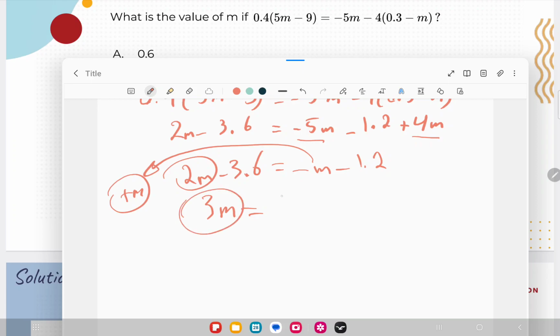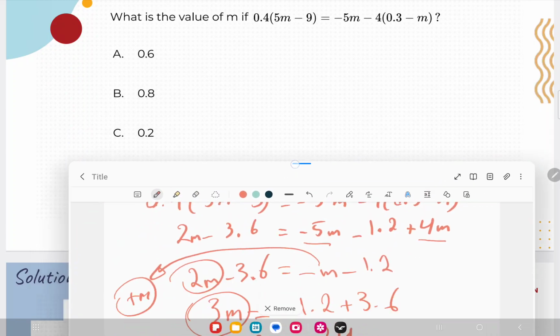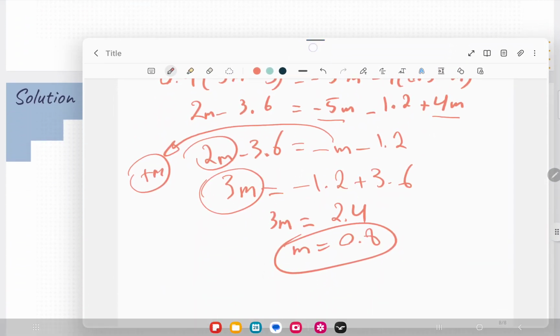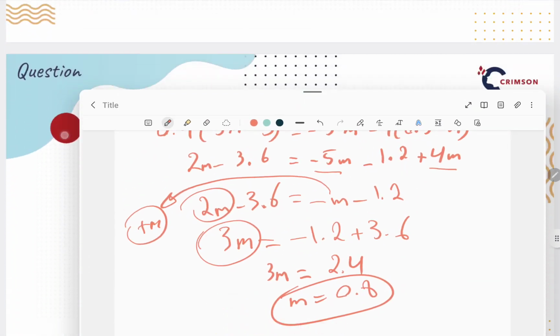So 3m is equal to minus 1.2 plus 3.6, which is 2.4. m is equal to 2.4 divided by 3, which is 0.8, which is B. I would end up with B.